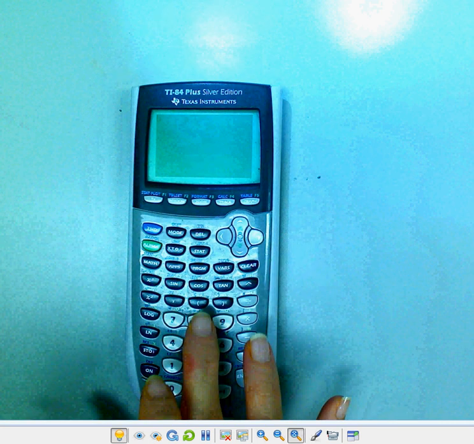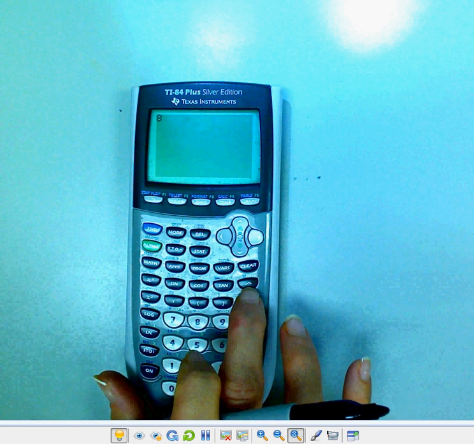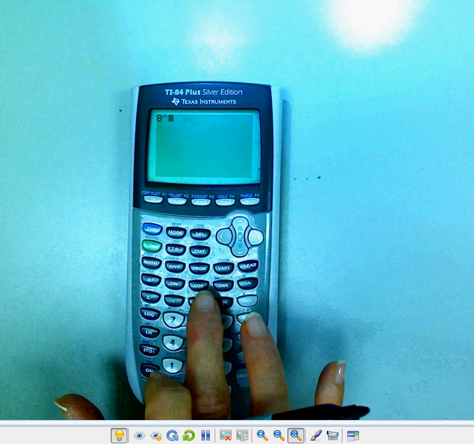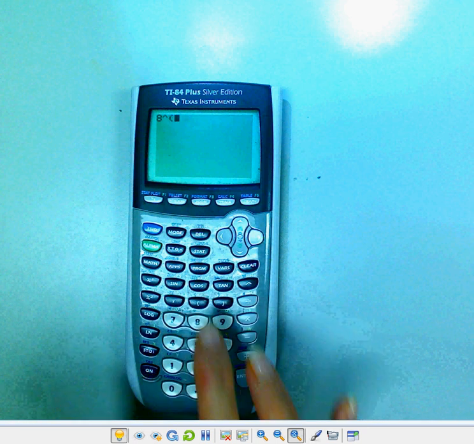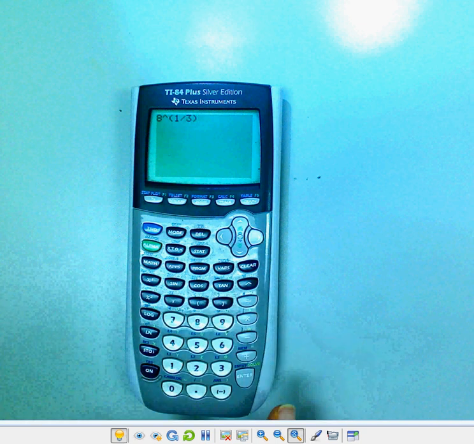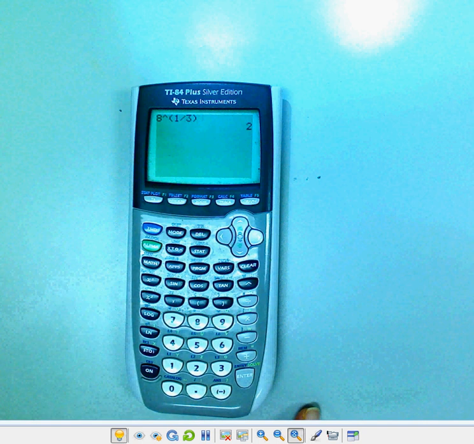To do something like that, you're just going to type in the base. We use this caret symbol right here, so 8 raised to, and when I have rational exponents, I want to make sure I enclose them in parentheses. So 8 raised to the 1/3, which in fact is 2.